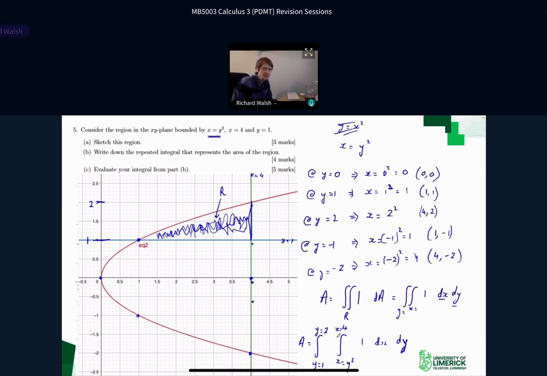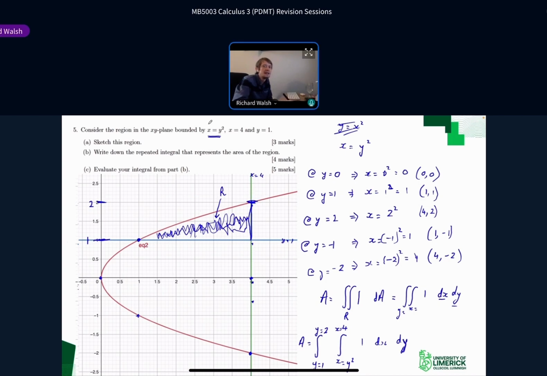Now, if you're not certain about the y ones, maybe the x ones are okay from the sketch, but about the y ones, y equals 1 is a clear enough one, I think, when you have the sketch done and you've the region identified. But the upper one has to be where x equals 4.